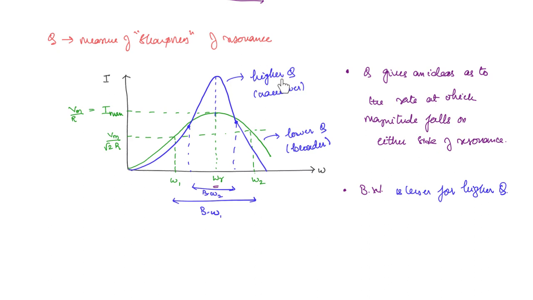Basically the higher quality factor curve is more selective. You will understand more when we discuss filters. It will respond to certain frequencies and it will reject all other frequencies. That is the importance of higher quality factor. You can write that as well: higher quality factor implies that it is a more selective circuit.